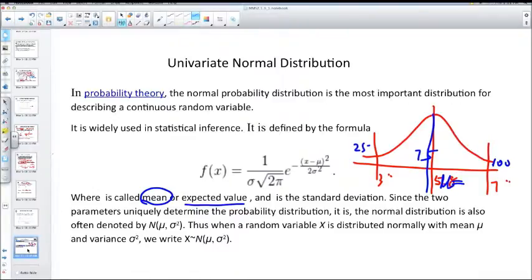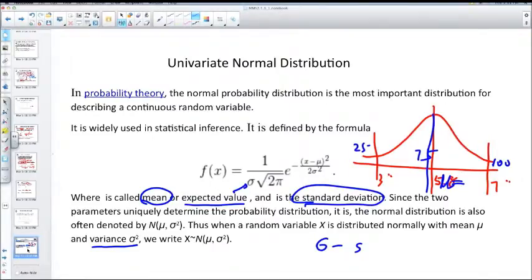Another parameter is this sigma here in the formula. The sigma, we call it the standard deviation, or sigma squared, we call it the variance. Let me write it down. Here you go, standard deviation.